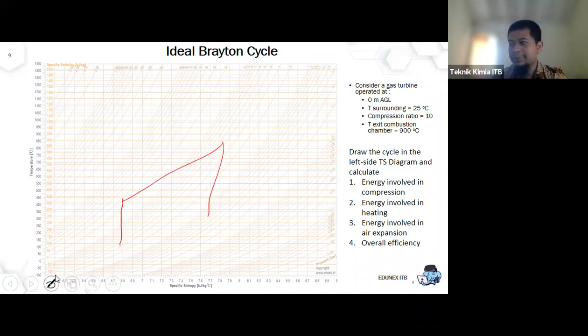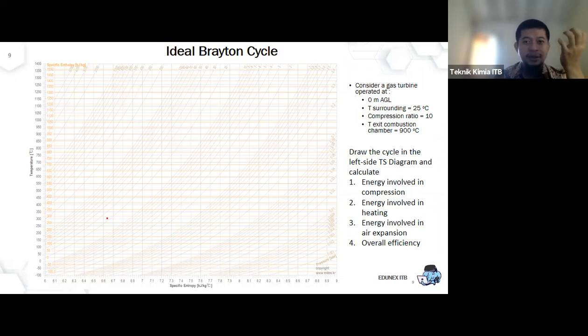I want you to feel it by yourself, drawing the ideal Brayton cycle. Actually, the probability of you using this drawing skill is maybe less than 50%, or 20% at most.